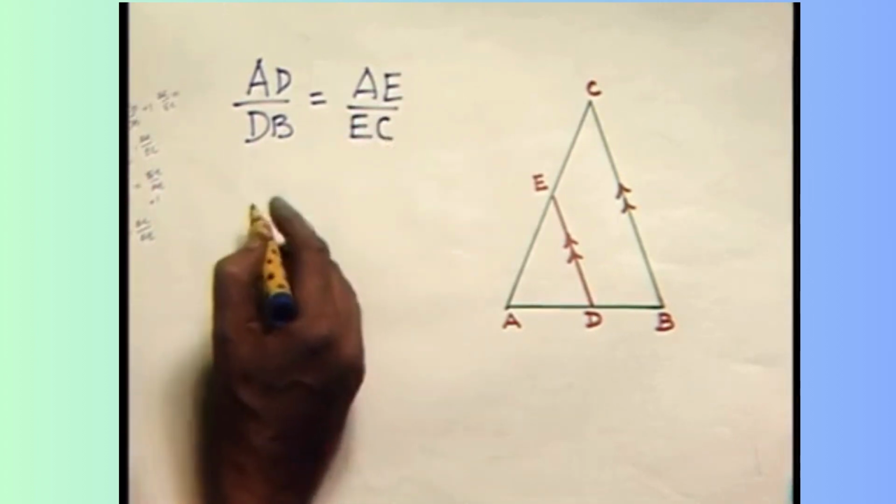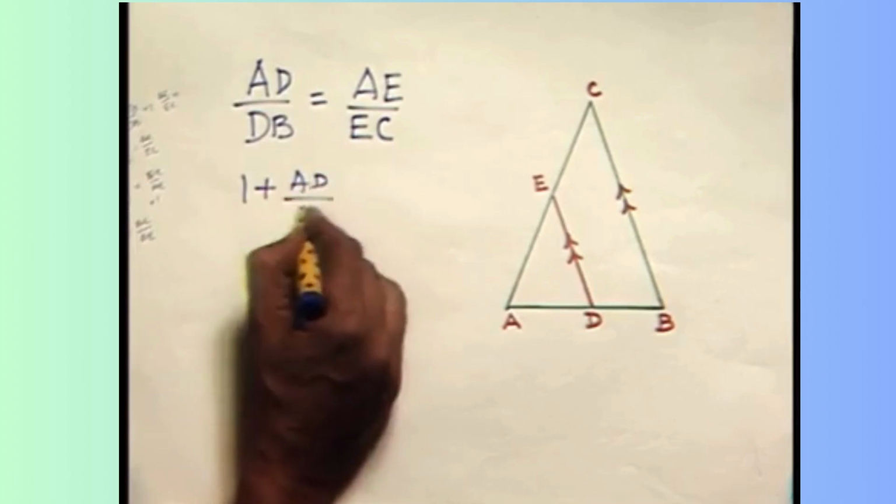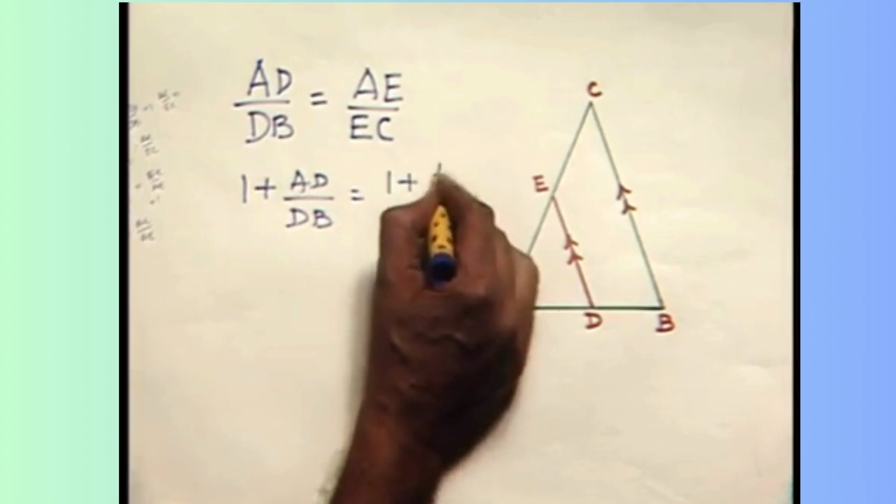If I add 1 to both sides, 1 plus AD upon DB equals 1 plus AE upon EC.